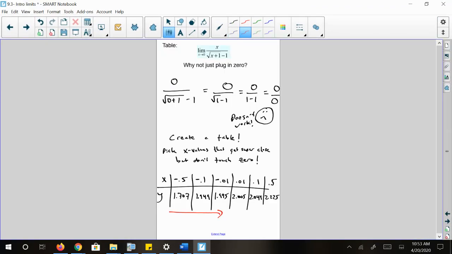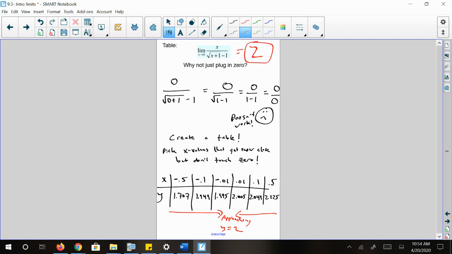We're starting below 2, and we're getting closer to 2. As we're starting from this direction, we're starting above 2, and we're getting closer to 2. And it looks like from this table, we are approaching y equals 2, which tells us that the limit as we approach an x value of 0 here, as I plug in x values that approach 0, that makes my y value for this function approach 2.